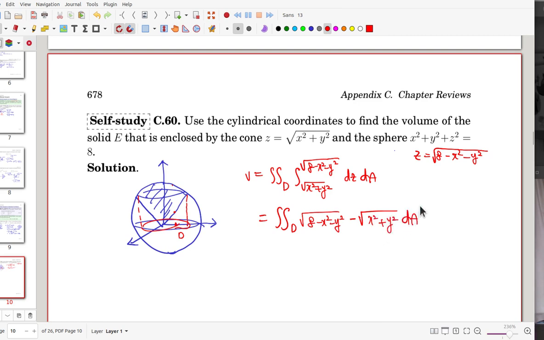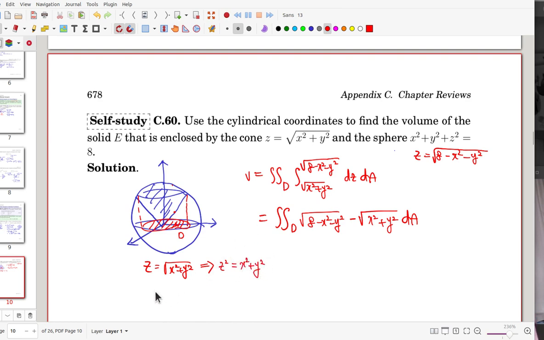Now we have to understand D. It looks like a circle, so it is a disk. What is the radius? We have to figure it out from these two equations. z equal square root of x squared plus y squared means that z squared equals x squared plus y squared.